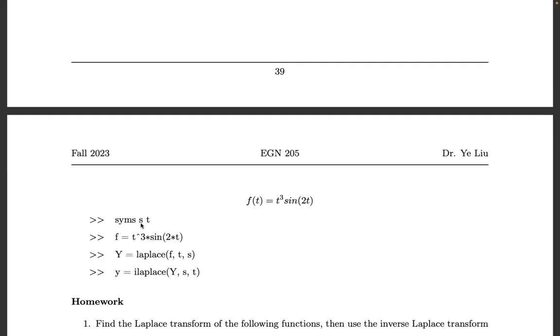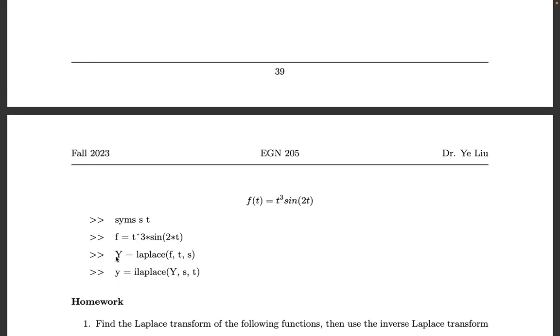First, we need to define s and t as symbolic variables using syms. Then type in the original function. Then use the Laplace transform directly: capital Y equals laplace(f, t, s), from the time domain to the s domain.